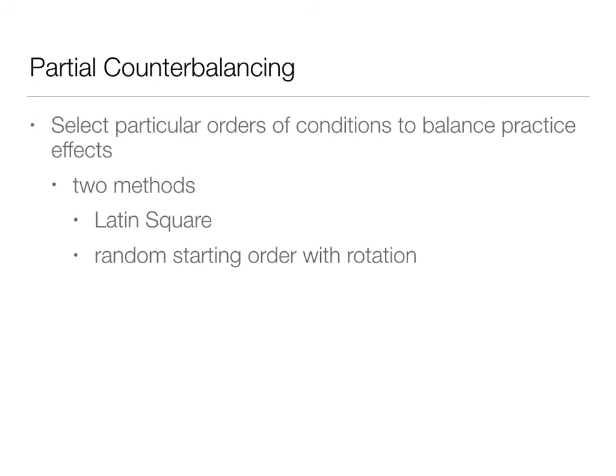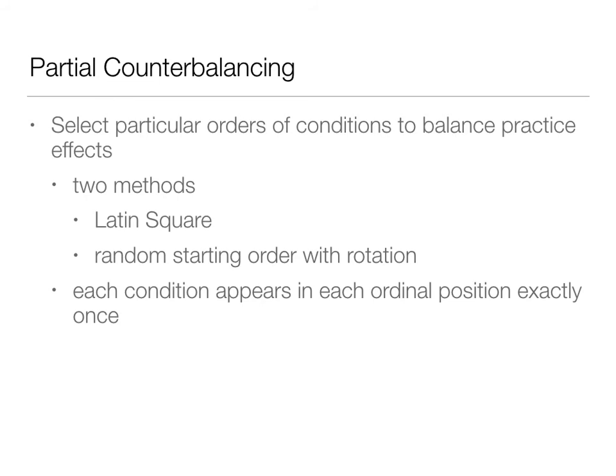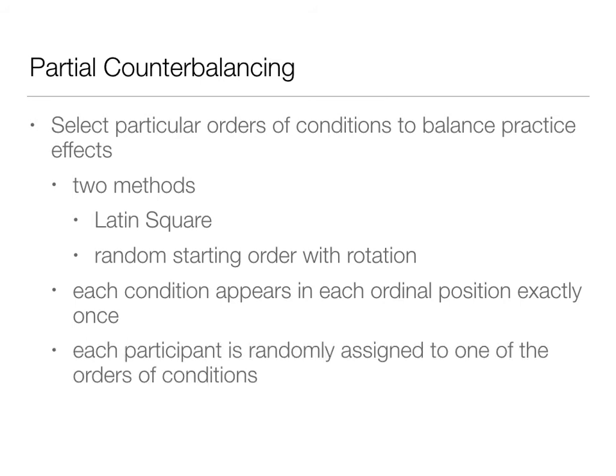Both of these follow the rules that we need for partial counterbalancing, which is that each condition appears in the ordinal position exactly 1 time, or you can do it the same number of times, depending on how many orders you want to get. And each participant is still randomly assigned to one of the orders. So we're still equitably balancing these order effects out, but we can do so with a subset of orders.